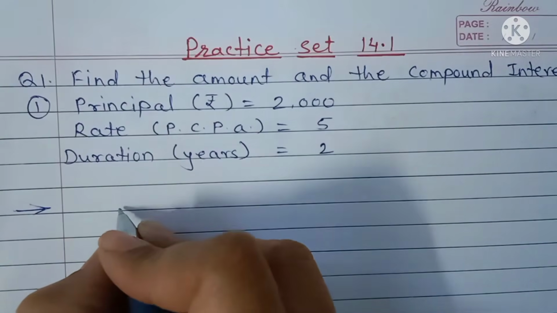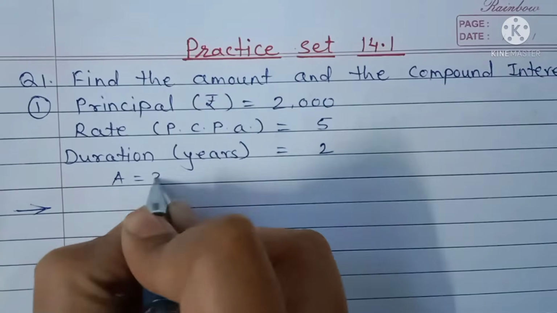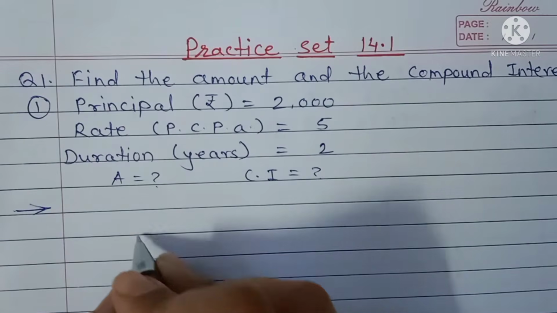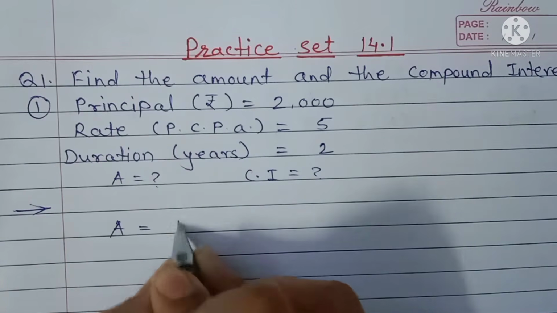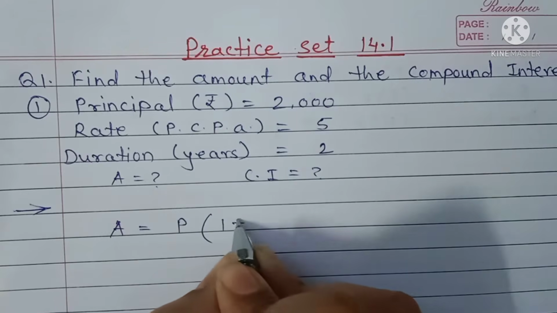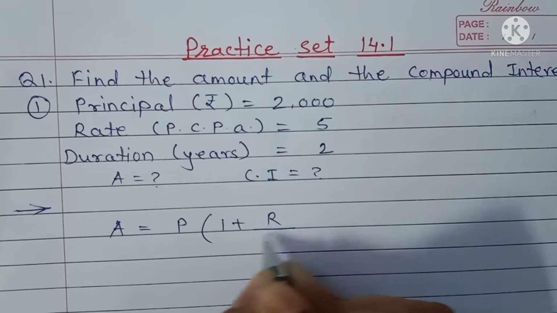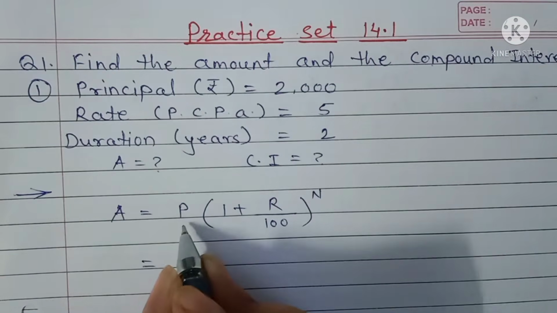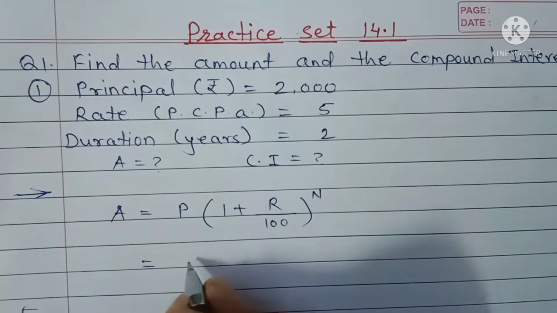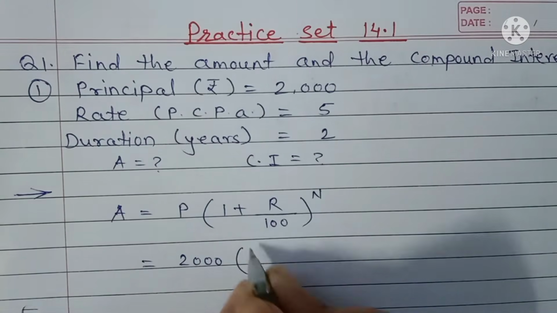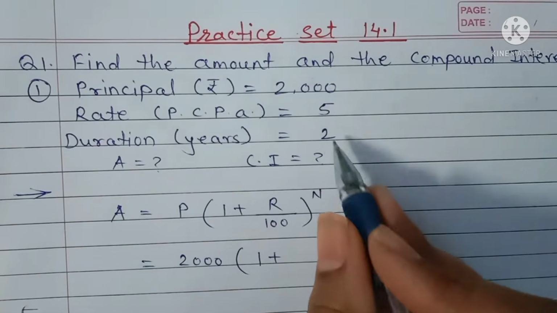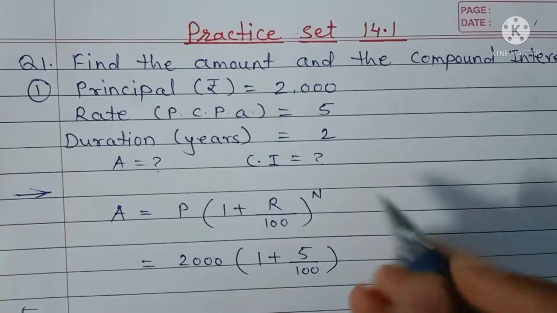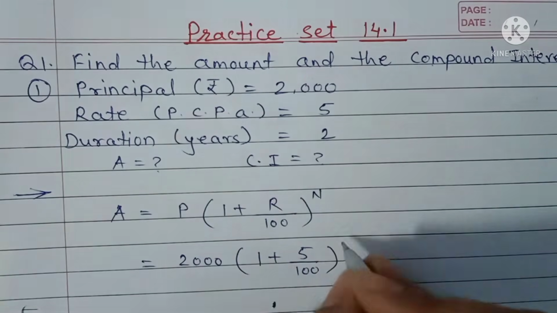Formula of amount: amount is equal to principal into bracket 1 plus R upon 100 bracket raised to N. Here principal is given 2000 rupees. 2000 into bracket 1 plus R is given 5 upon 100 bracket raised to N, means year is given 2, raised to 2.